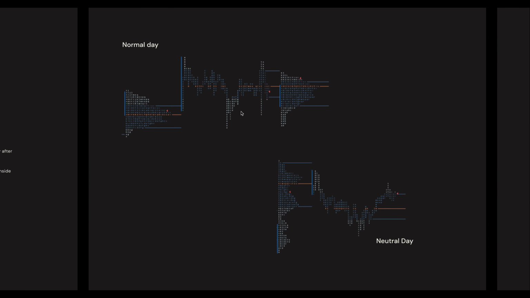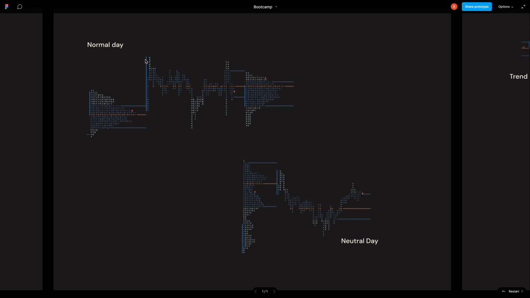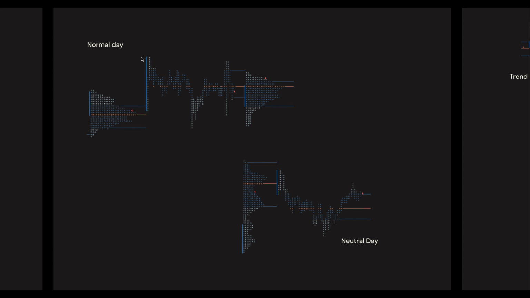So this is a normal day. The name of a normal day is a little bit of a funny one because it's kind of the most rare one. It's identified by a massive initial balance. This is telling you that market really did all it had in its powers within the first hour, and it will just stay inside the initial balance for a given day.